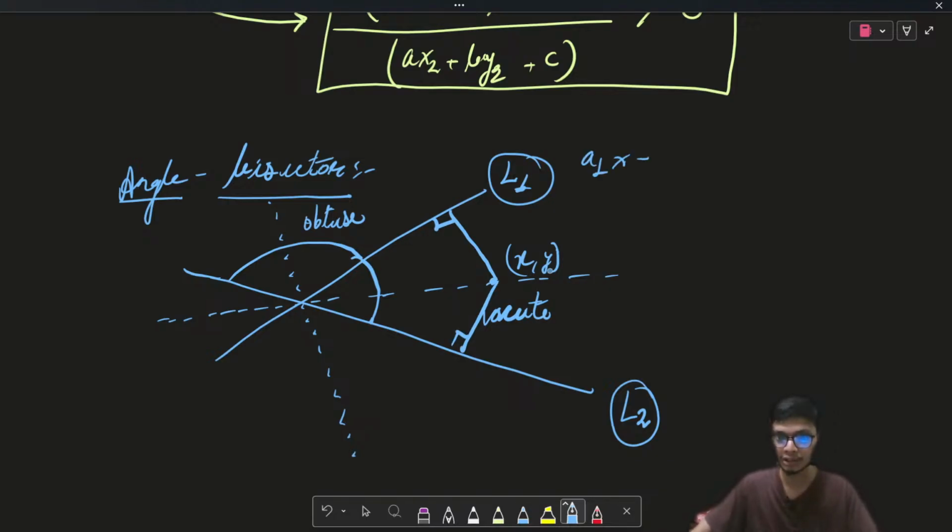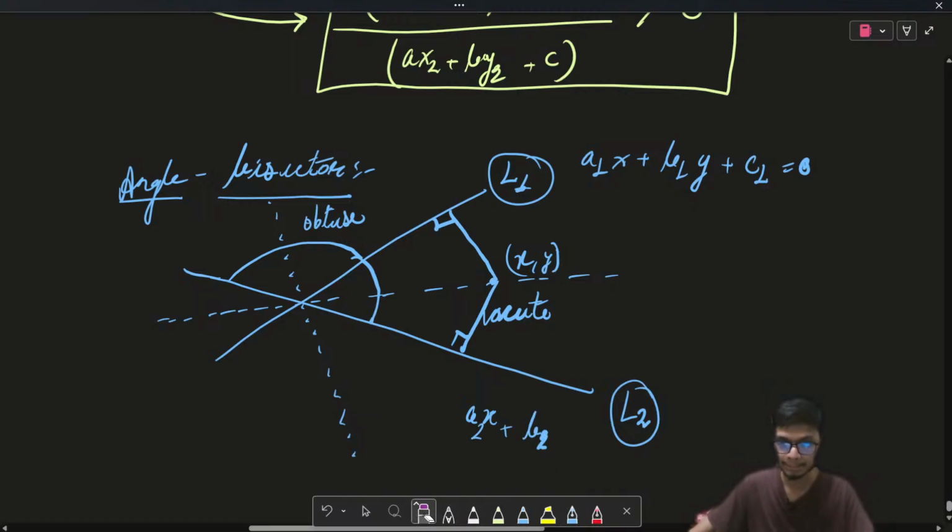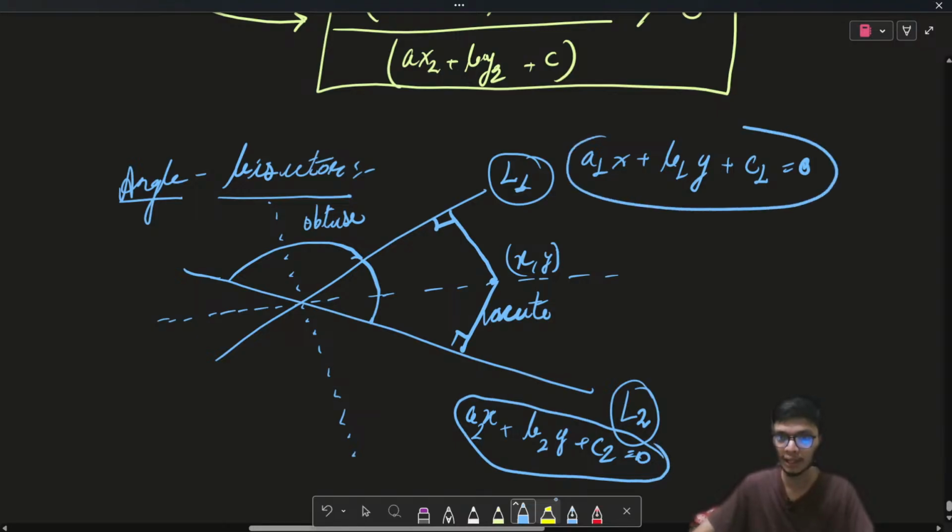Let us say my equation of line 1 is a1 x + b1 y + c1 = 0, and my line 2 is a2 x + b2 y + c2 = 0. These are the equations of my two lines. If I find the perpendicular distance from this variable point (x, y) and equate it, I will easily get the equation of the angle bisector.